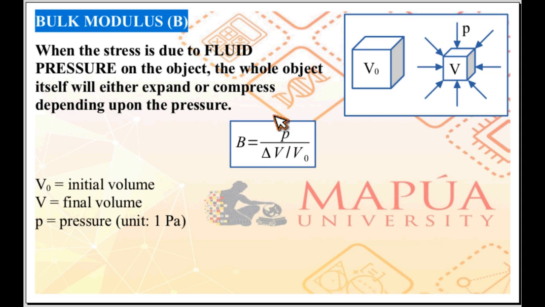The stress is the fluid pressure experienced by the object. The pressure unit is Pascal, just like stress, F over A, and just like the modulus of elasticity, the unit is Pascal.